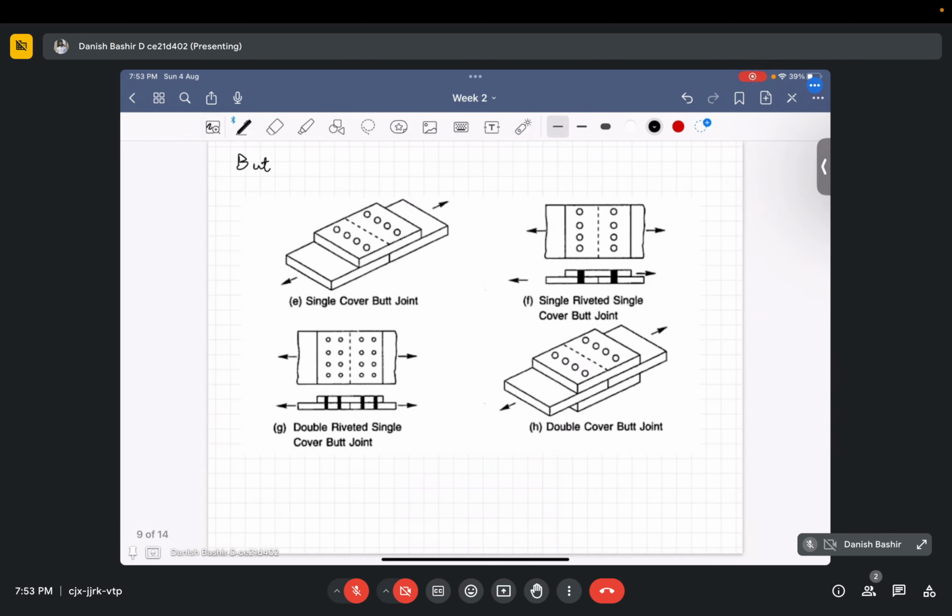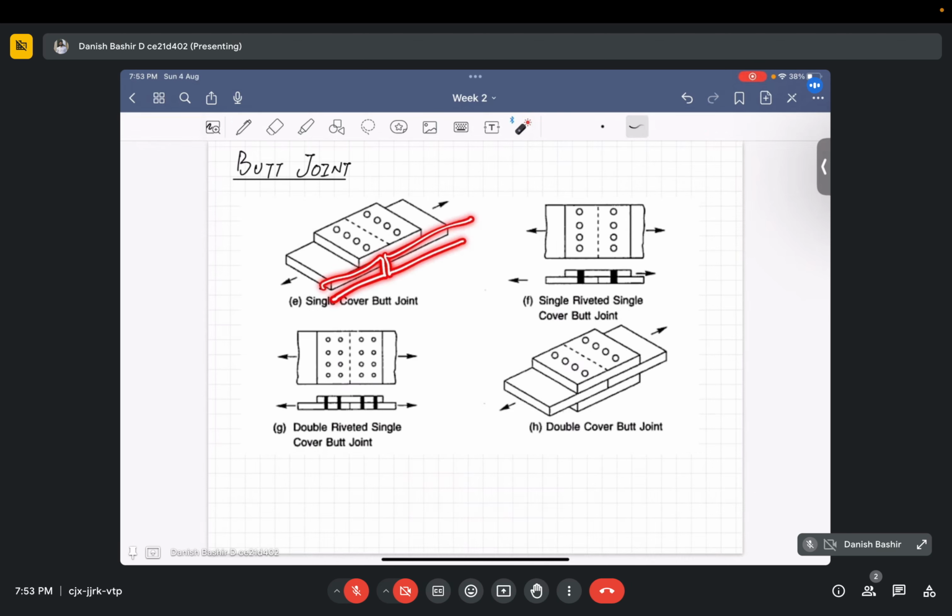So in a butt joint, two members are placed end to end. Like you can see, one member is placed like this, another member is placed like this. They are placed end to end, not overlapped with each other.